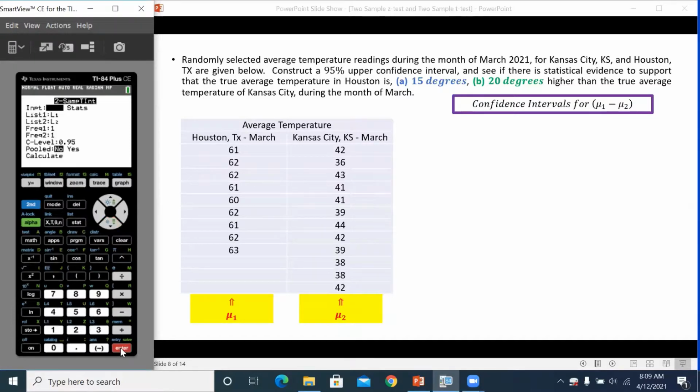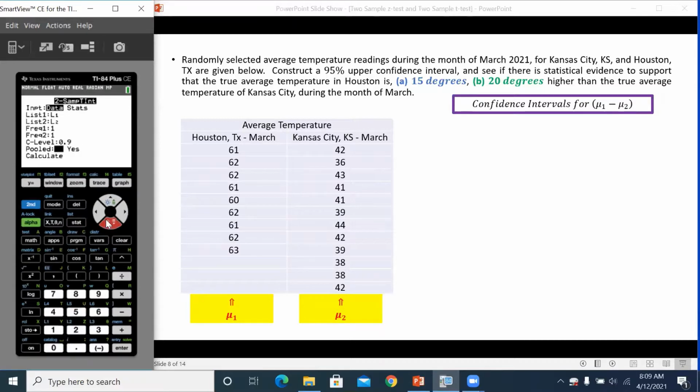Now we have to define the input method. Input method is data. Select data and then hit Enter. List 1 is L1. List 2 is L2. Frequency 1 is 1. Frequency 2 is also equal to 1. The confidence level this time is a 0.90 confidence level is what we need.